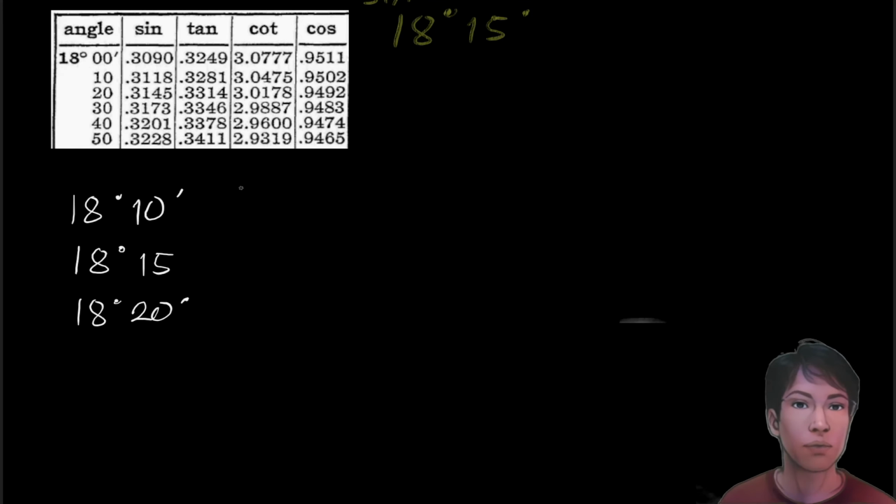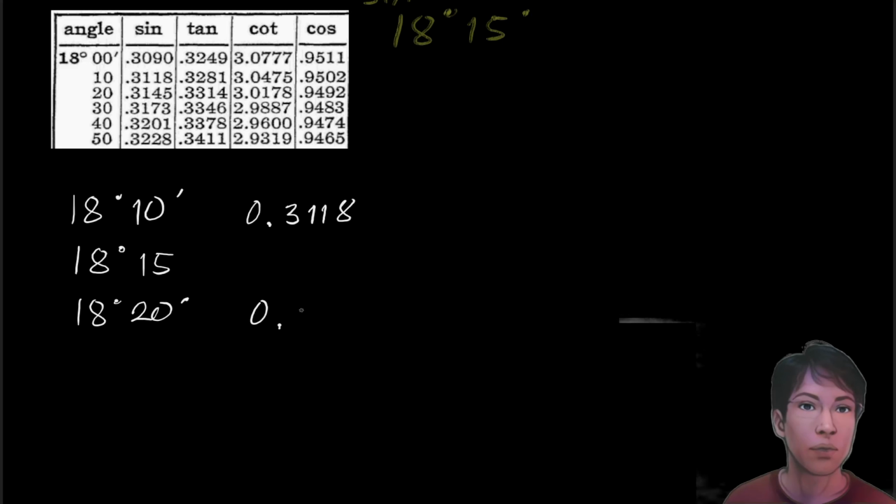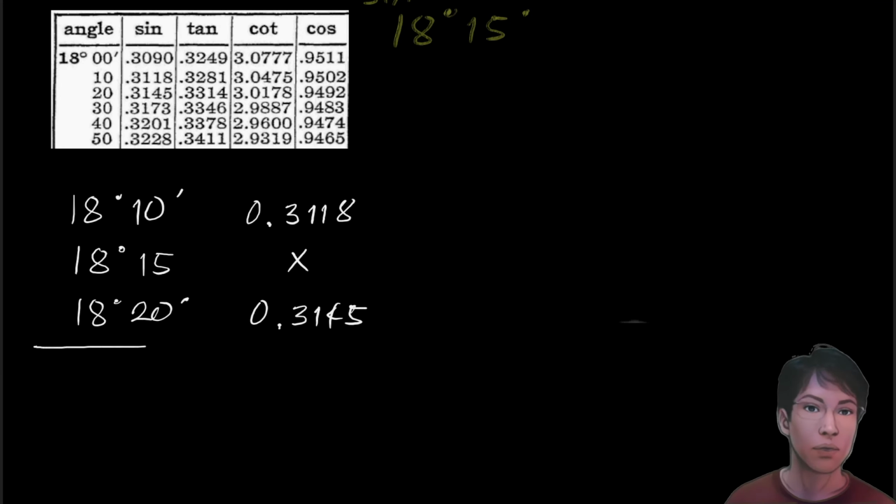The equivalent of sine 18 degrees 10 minutes is 0.3118, and this one is 0.3145. The desired value we'll designate as x.